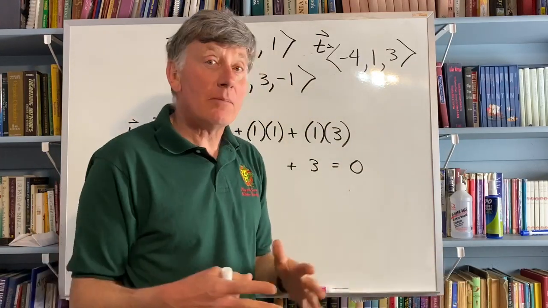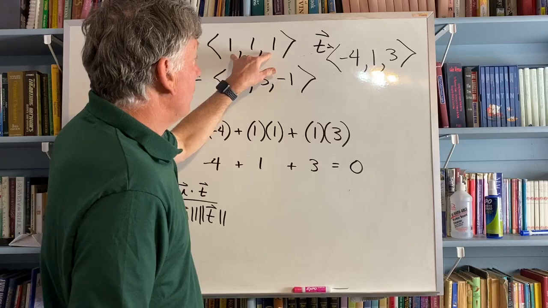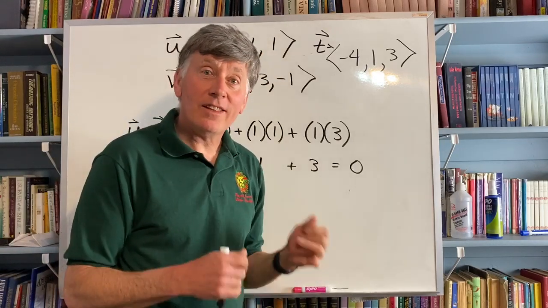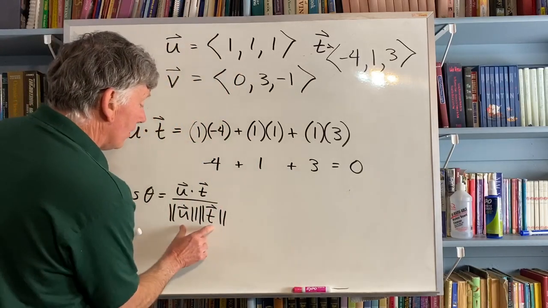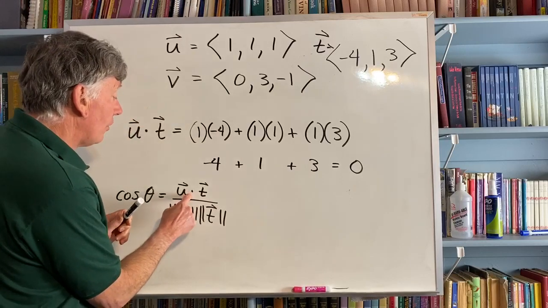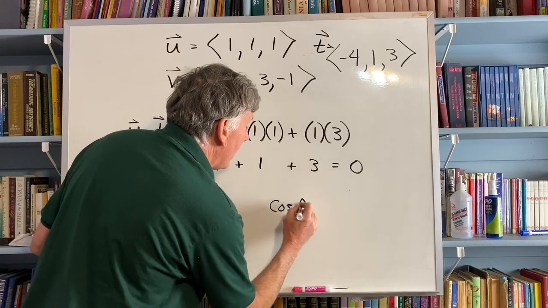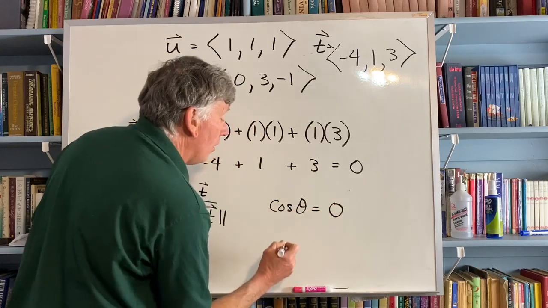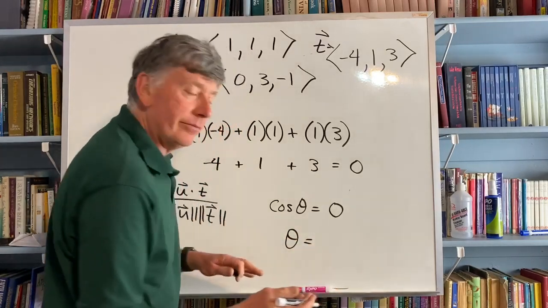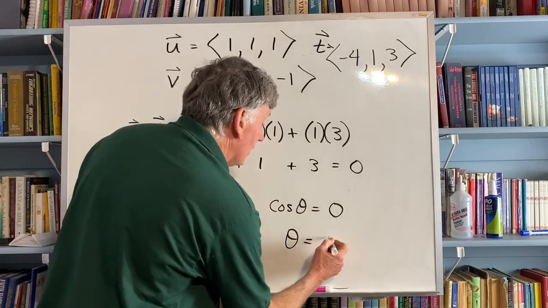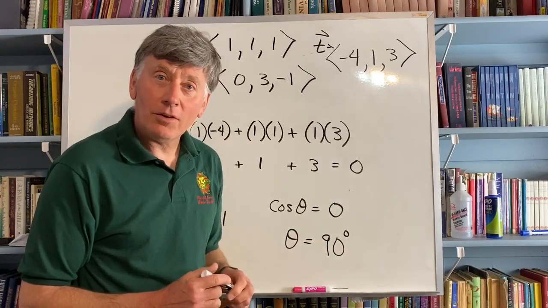It may be very long, it may be very short, but it's not 0, because the only vector that has length 0 is the trivial 0, 0, 0 vector. So the denominator is not 0, but I've just shown that this dot product is 0, which means that the cosine of the angle between these vectors is 0. And if you remember, there's only one angle that satisfies that. Well, there's 270, but that's trivial. 90 degrees. I have shown that they're perpendicular.